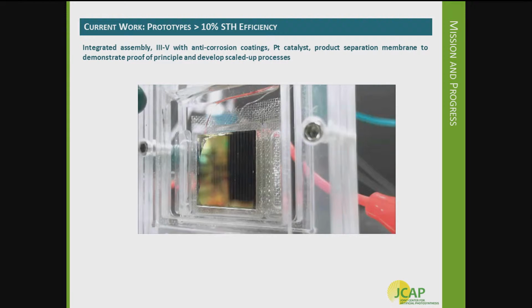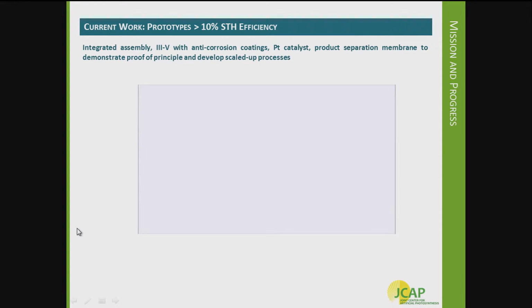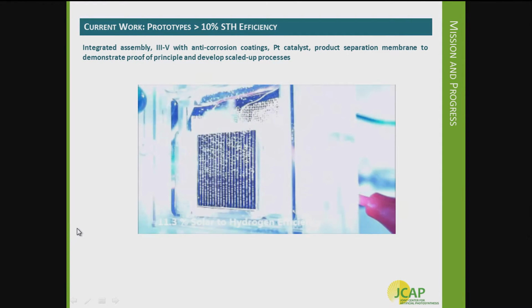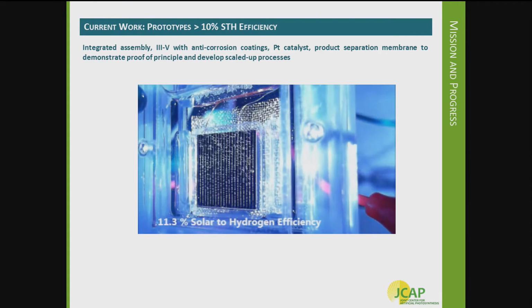So this is the sample in room illumination, lab illumination. The image will go bright white. That's when the solar simulator is turned on, and the camera readjusts to the new light levels, and then you should see the device under functional conditions. So there's the solar simulator coming on, and here are the bubbles coming off. This is a real-time video of this occurring, and I think this highlights how the patterned catalysts also help with handling of bubbles.